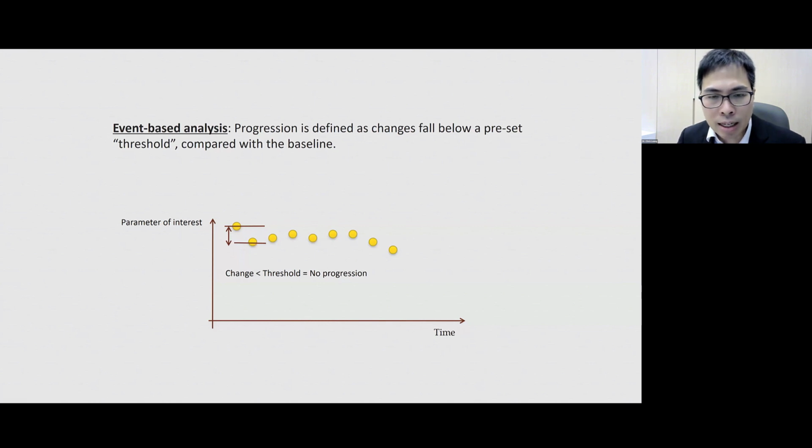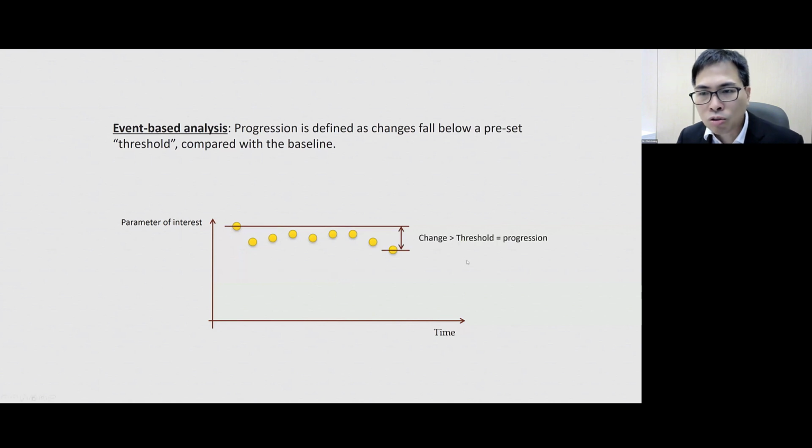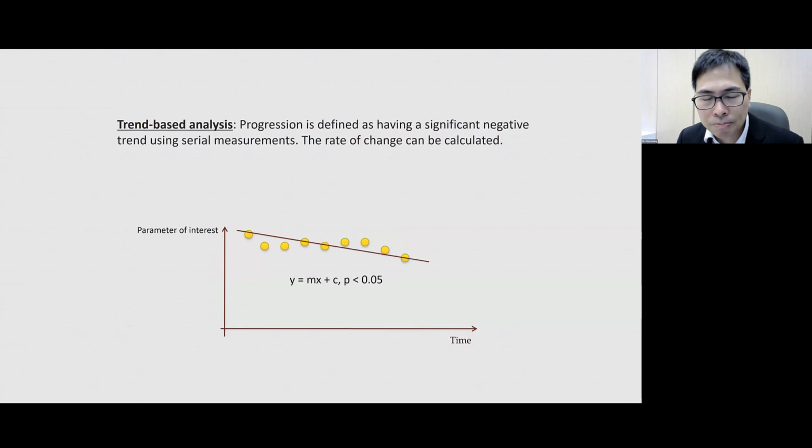So for event analysis, we define genuine progression when this change is greater than a threshold. When the change is smaller than a threshold, we don't define progression. When the change is greater than the threshold, we label it as genuine change. So this is event analysis.